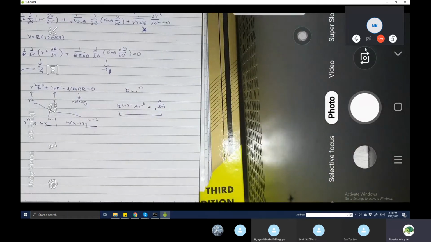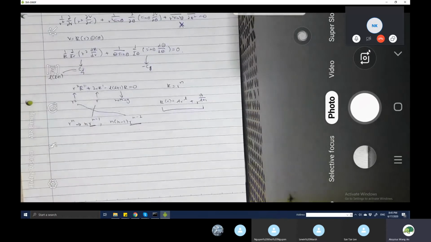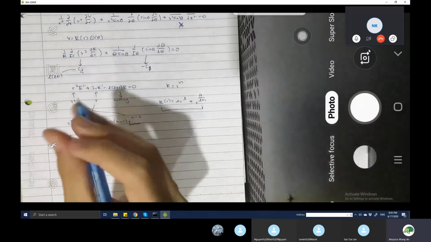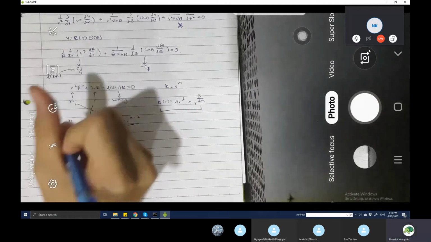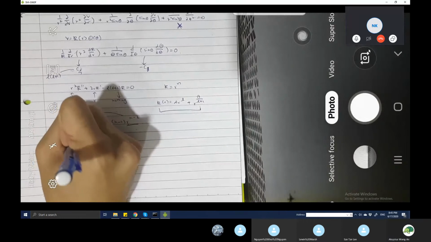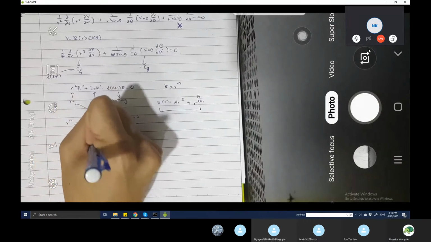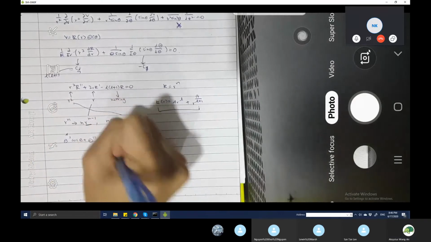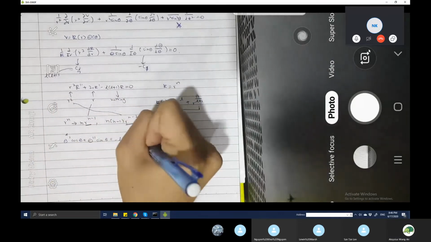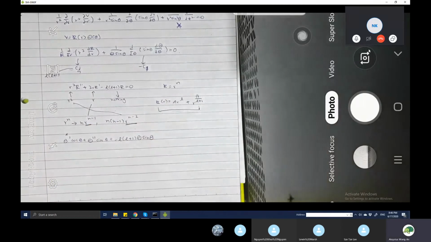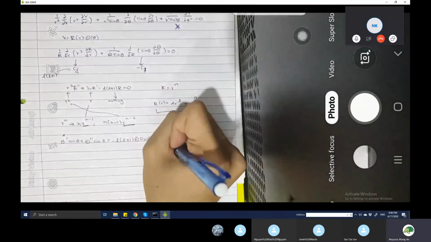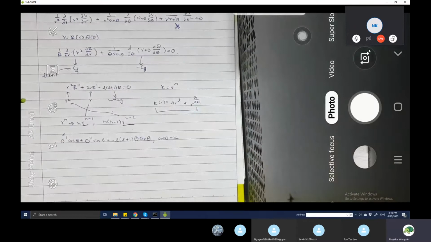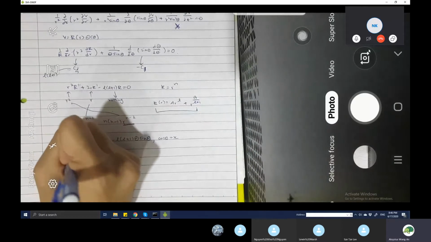Your angular equation is going to be actually quite a bit more complicated, and it is going to look like this. At this point in time, you can do the substitution cosine theta is equal to x, and you end up with an equation that looks like this.